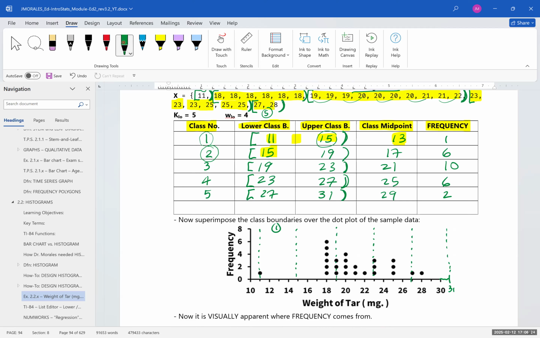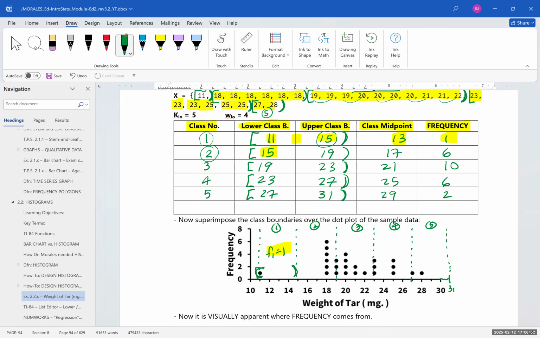So this is class 1, class 2, class 3, class 4, and 5. All right. So in class 1, it's going to be everything including 11, but excluding 15. How many do we have? We have a frequency of 1, which is what I put here.